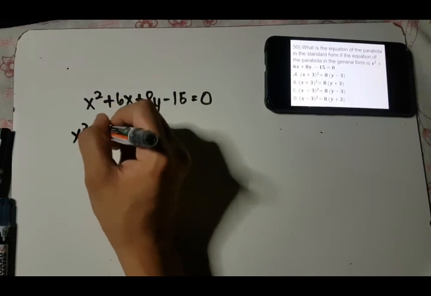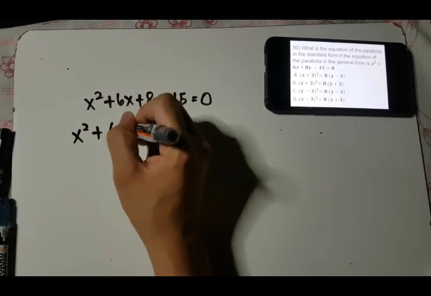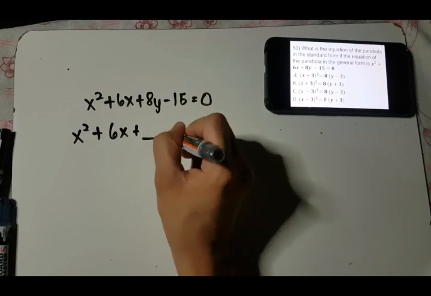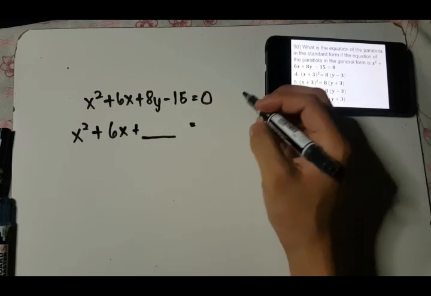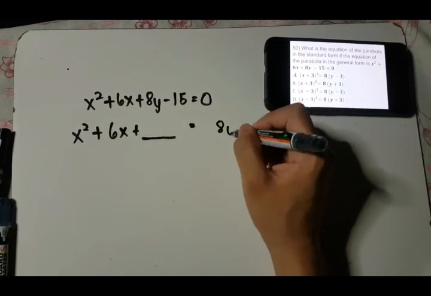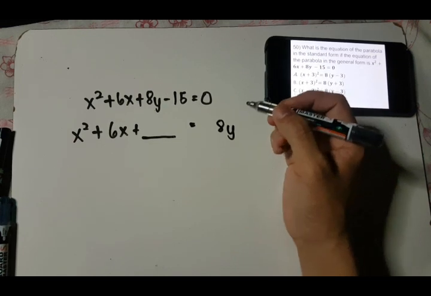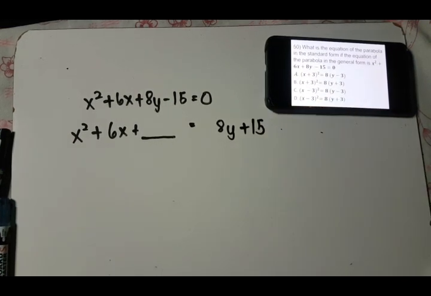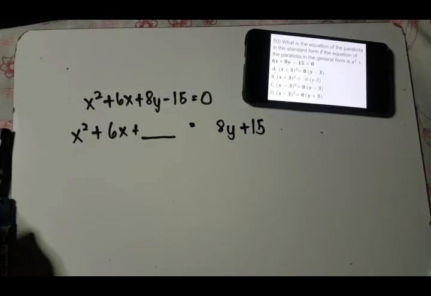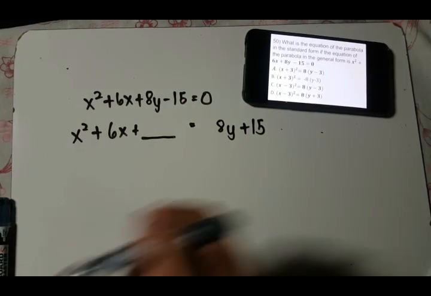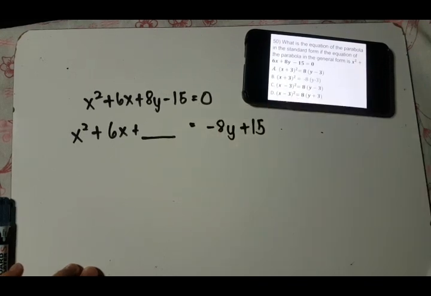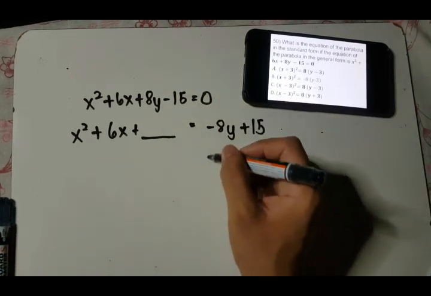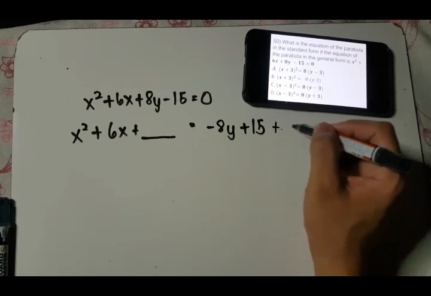So, x squared plus 6x, then mag-leave kayo ng blank, equal to negative 8y plus 15. Tapos mag-leave ulit tayo ng blank.